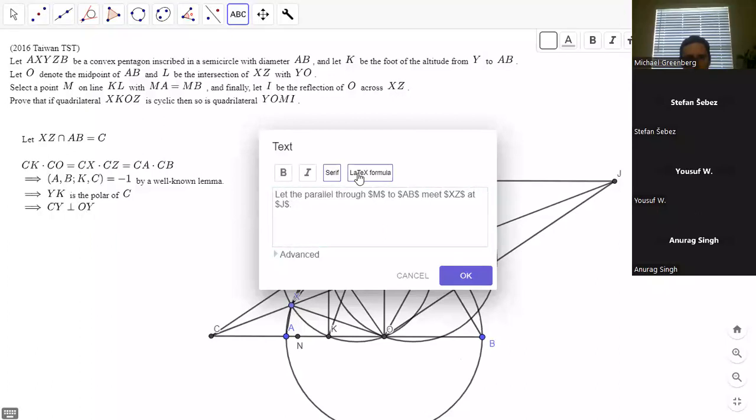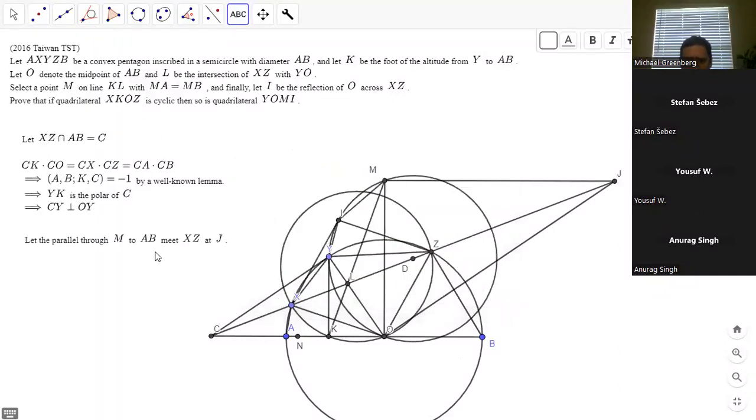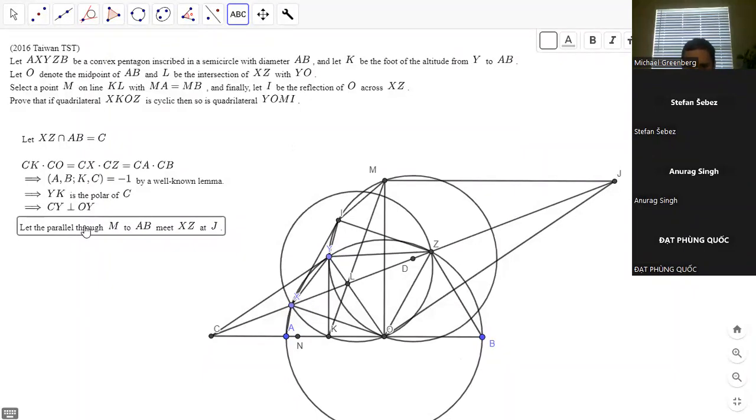All right. And then by a homothety, C, X, Z and J are collinear. So wait, that homothety is a homothety at L, right? Let me think about that. We're saying a homothety at L takes YKL to MOL?